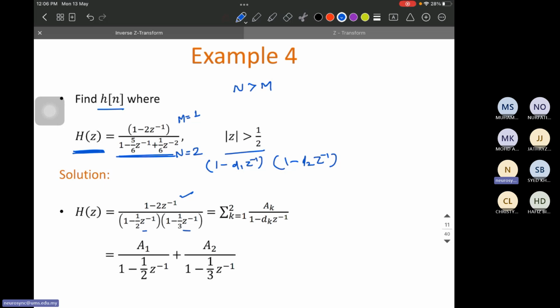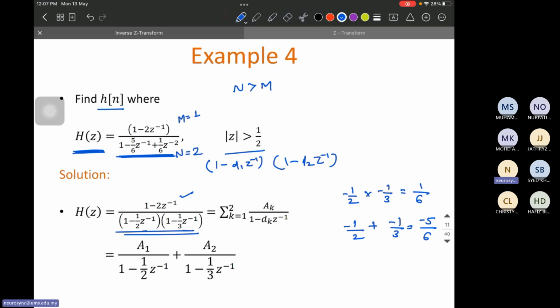Here 1 by 6 is nothing but minus 1 by 2 into minus 1 by 3. If we multiply minus 1 by 2 into minus 1 by 3, we get 1 by 6, and if we add minus 1 by 2 plus minus 1 by 3, it is minus 3 minus 2 over 6, that is minus 5 by 6.